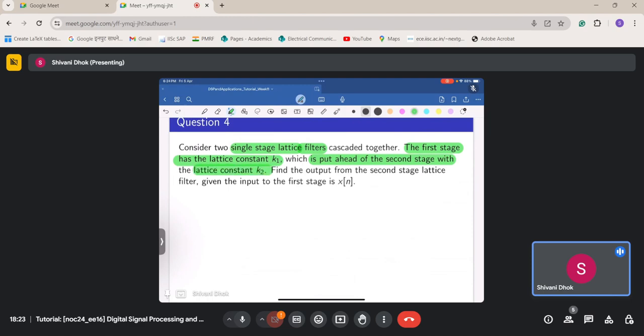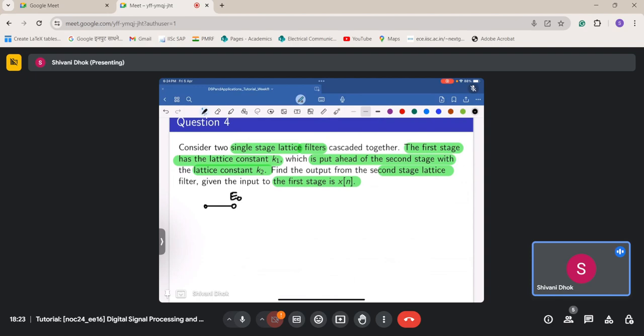We need to find the output from the second stage lattice filter given the input to the first stage is x[n]. So input is given to the first stage and output is taken from the second stage. So it is like a straight forward thing that is going on. So the structure that we are referring to is something like this.